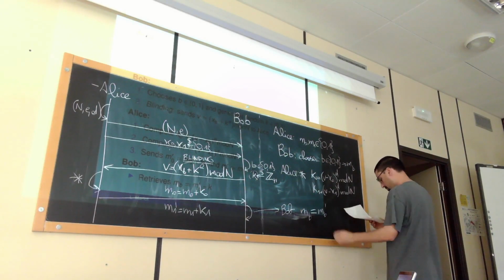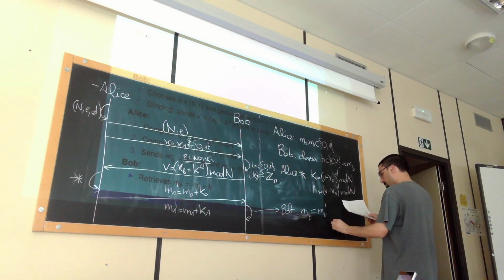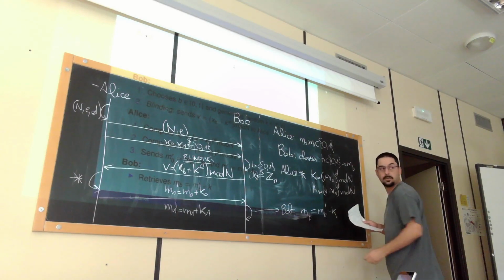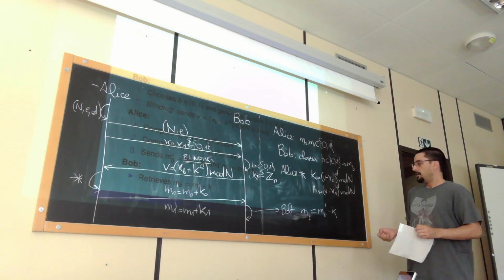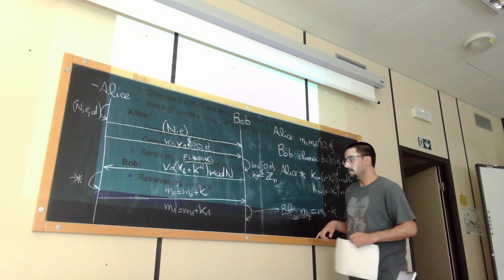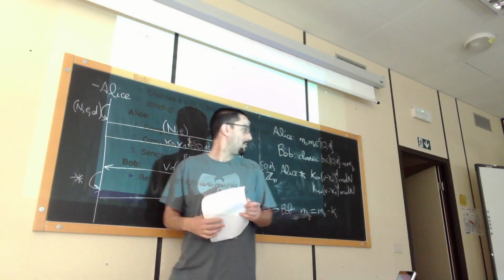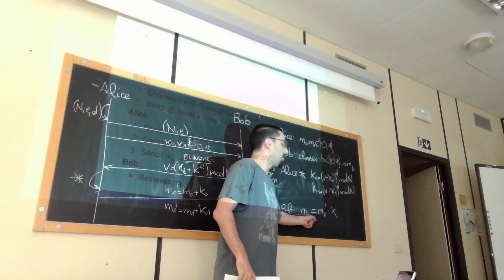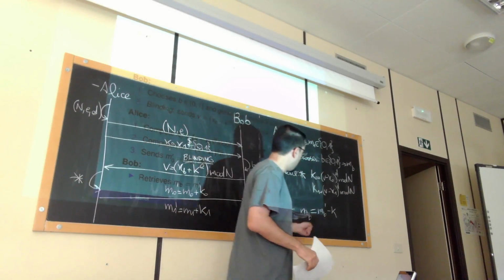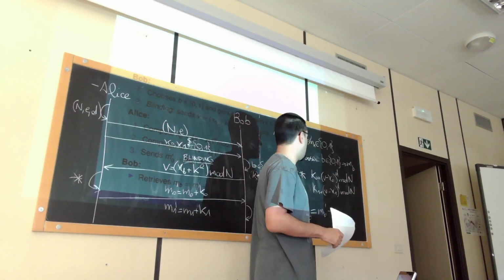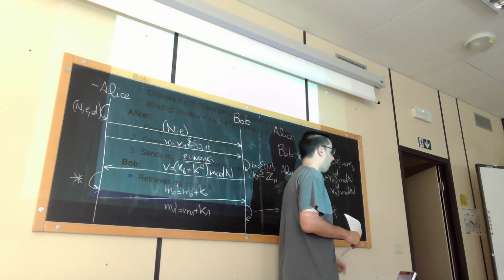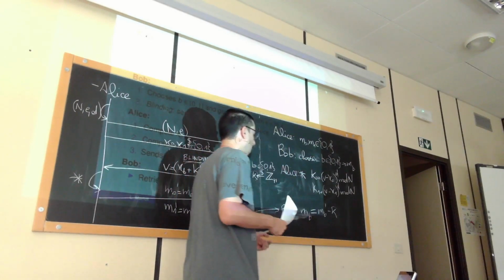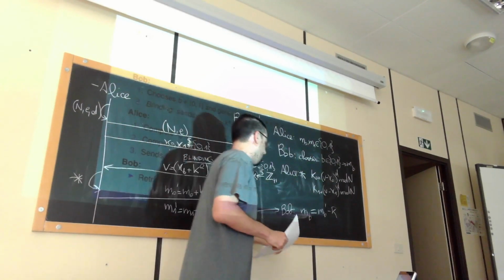So MB prime minus K, and he knows K. So we are done now, because Bob has retrieved the secret bit MB by deblinding the initial random value that he chose, K, from the blinded message.